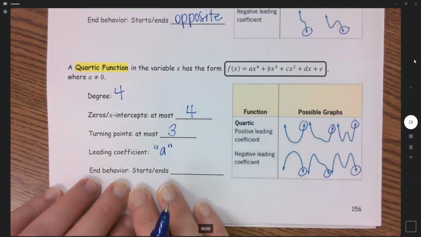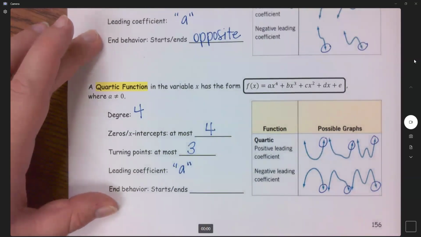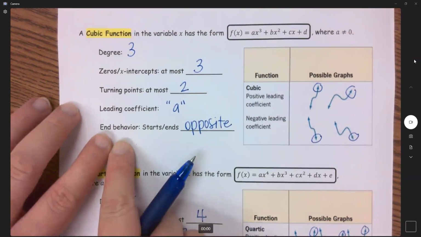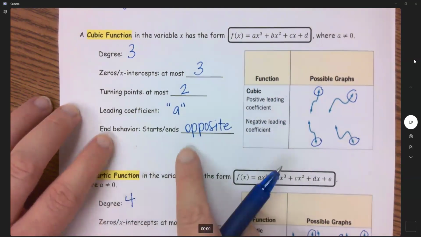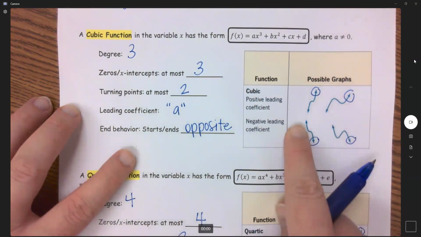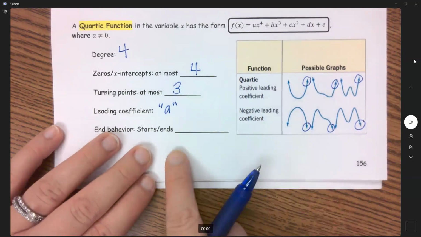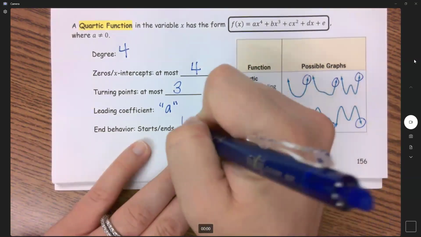Now let's look at this end behavior, because this end behavior and this end behavior is how we're going to be able to really tell if it's a cubic or a quartic. When I have an end behavior of a cubic, they're going to start and end in opposite directions. So if it starts down, it ends up. If it starts up, it ends down. But with all of these, they all start and end together.